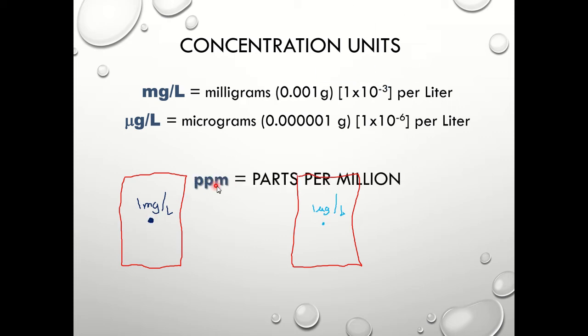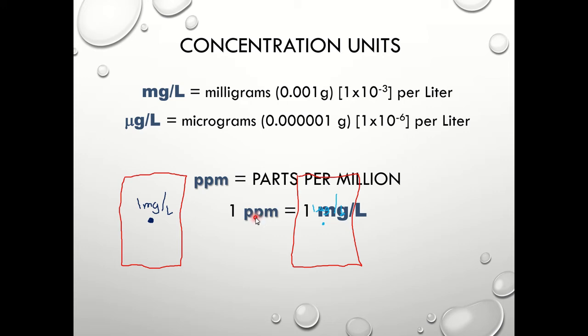Now we have parts per million, ppm. 1 part per million equals 1 milligram per liter. Everybody hears about parts per million of air contaminants and water contaminants.